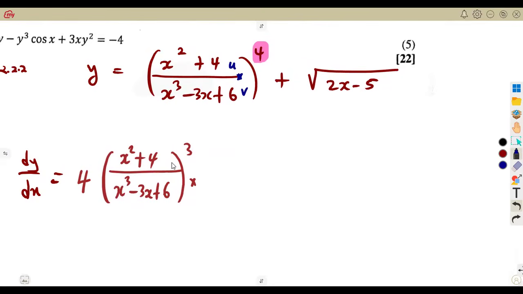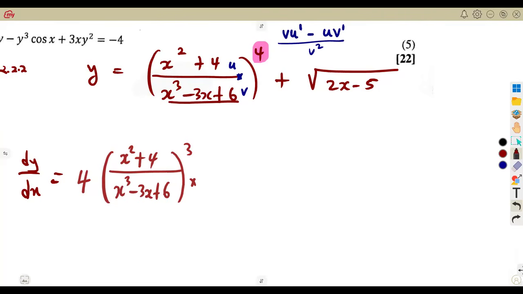Remember your quotient rule. How are you going to differentiate that from the condition of the quotient rule? Okay, our derivative from our formula sheet: v times the first derivative of u, minus u times the first derivative of v, over v squared. So meaning to say we're going to take v as it is.